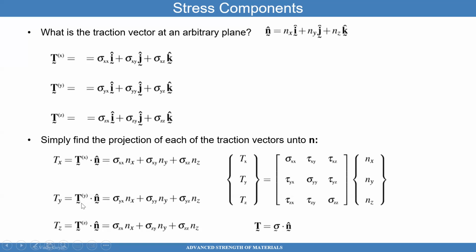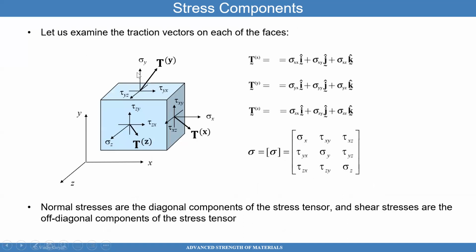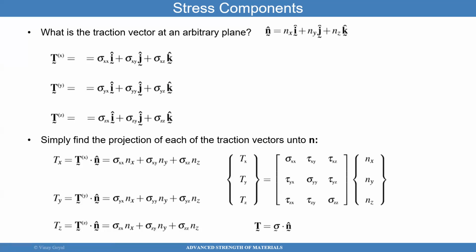Let's look at the traction vector y. If I want to know what is going on in a slanted surface, I take that traction vector and dot it with the normal n of that surface, and I get sigma yx nx plus sigma yy ny plus sigma yz nz.